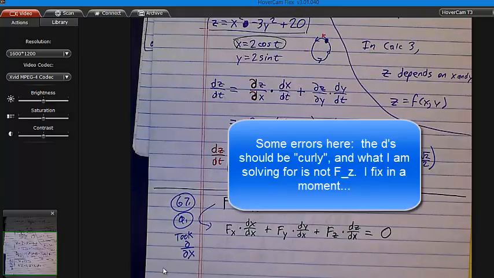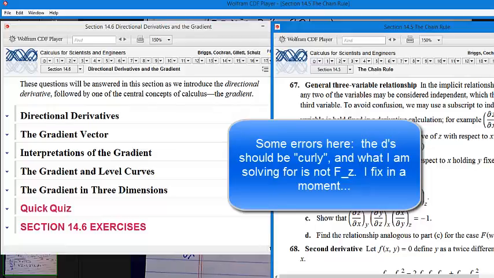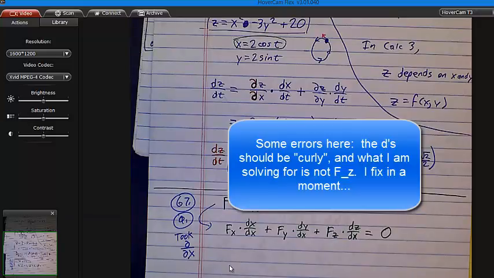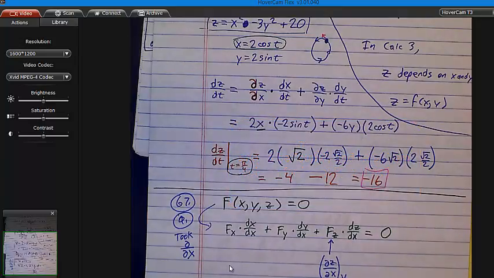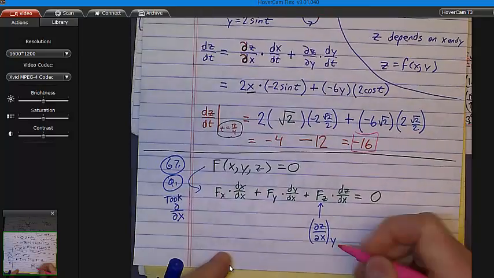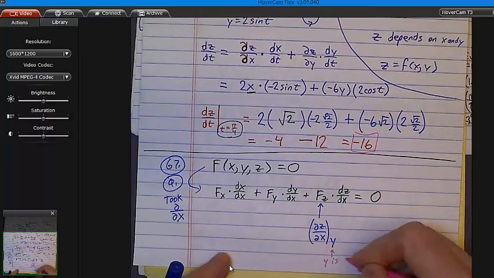Okay. Maybe that's a bad idea, because what problem 67 says is, show that dz dx when y is fixed is equal to this. It says, note, that subscript does not mean derivative. So what is it that I'm solving for in the equation? Yeah, that's dz dx, but we're going to put a subscript y, which means y is being held fixed.